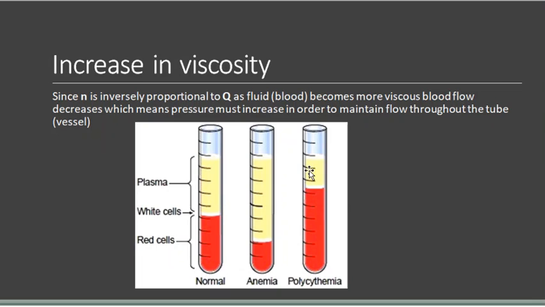That can make our blood very, very thick. Think of trying to suck up honey through a straw: you need more force in order to bring the honey up. Same thing with our blood. If our blood is like honey, it's going to need more pressure in order to push it through those vessels.